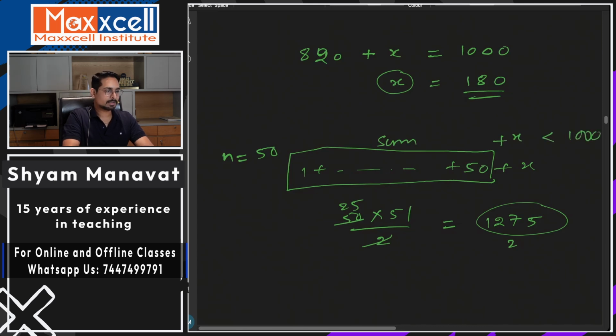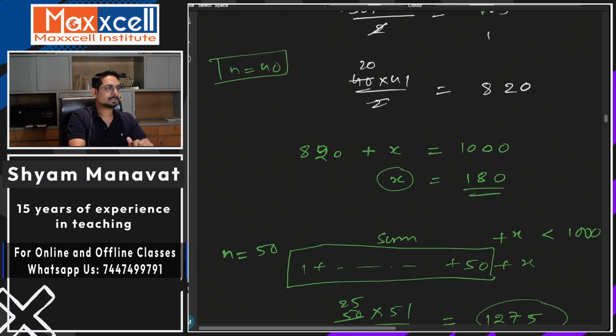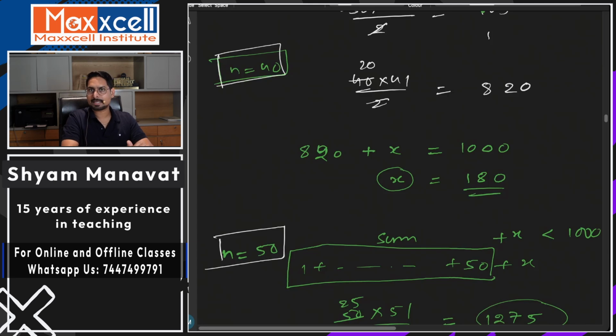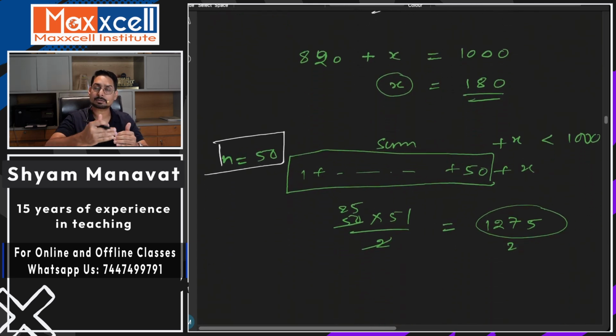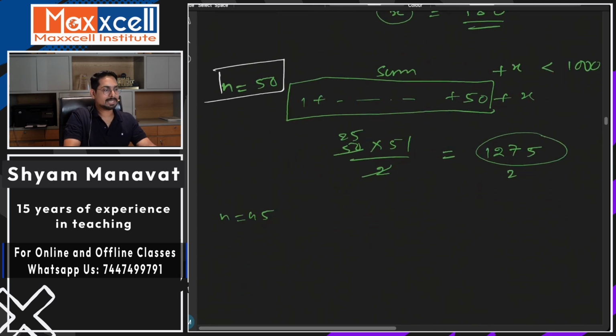So fine, that means the number of pages which we need to add has to be between 40 to 50. Let's try some mid value, and try to come as close as possible to 1000. So if I consider n equal to, let's say 45, for example, then what will happen?